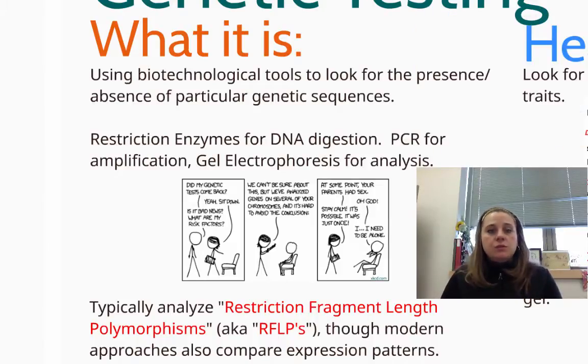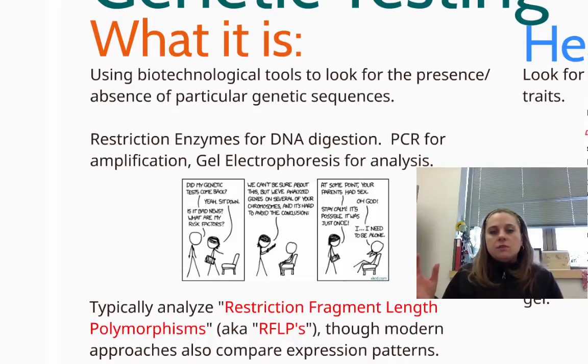So using the tools, you look for the presence or the absence of particular genes. The latest story is that you're looking at potential people that would have contributing DNA from 3 parents instead of 2, particularly for moms that carry any kind of genetic abnormality. Okay, so lots of pros and cons to this. Again, that's one of those, yeah, we can, but should we kind of things, and we'll talk about that.